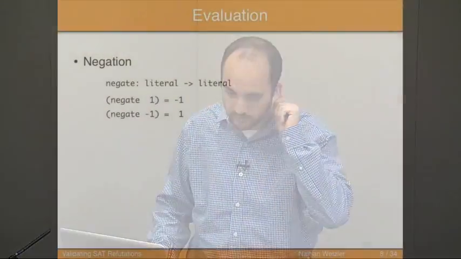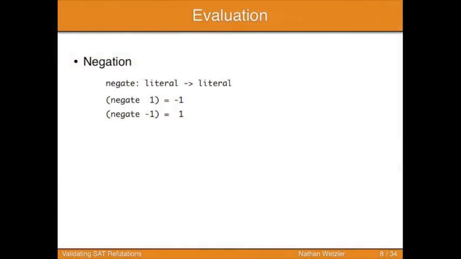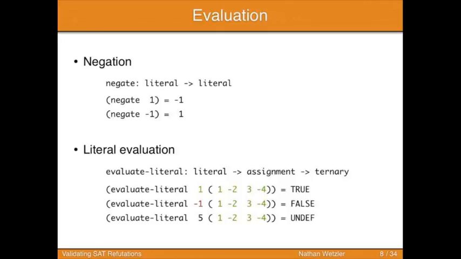So once we've defined our data types, we can define what evaluation on those data types means. So we can negate a literal. Given a literal 1, we can negate it to obtain the literal negative 1, and so on. Next, we can evaluate a literal with respect to an assignment.